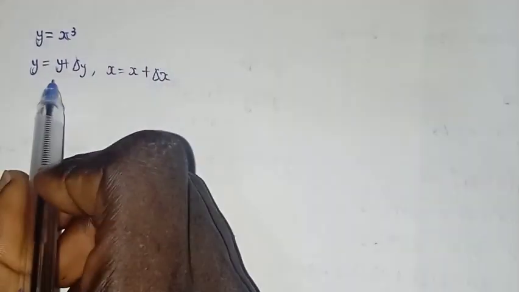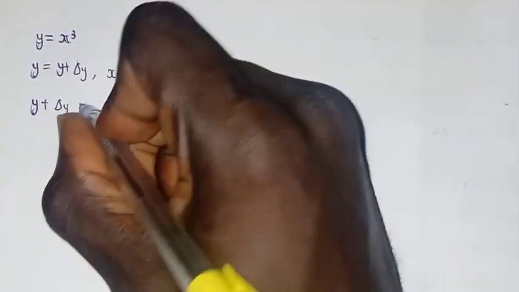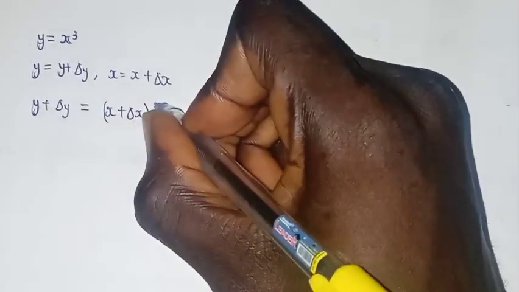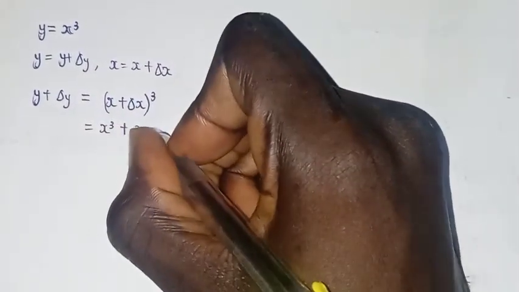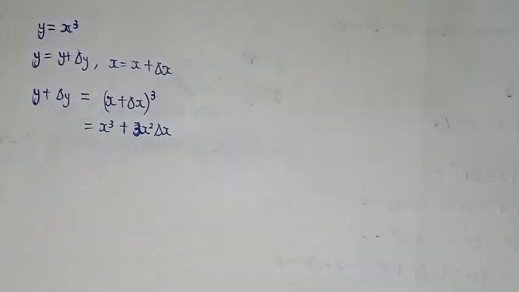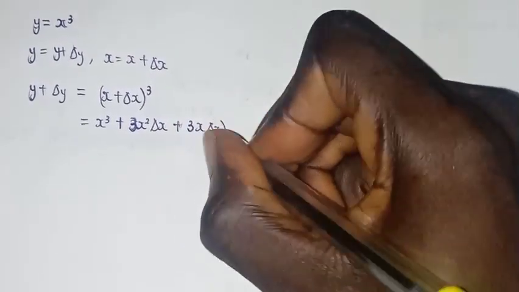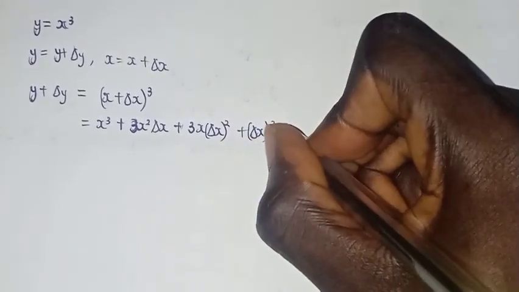So substituting x and y as this into this equation, we have y plus delta y equal to x plus delta x raised to the power of 3, and then we open up this bracket, we'll have x cubed plus 3x squared delta x plus 3x delta x all squared plus delta x raised to the power of 3.